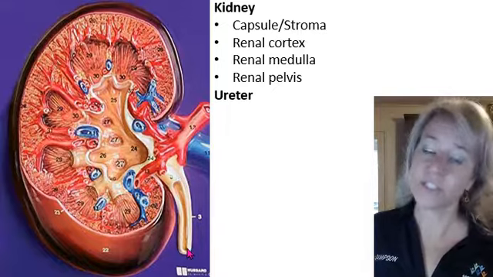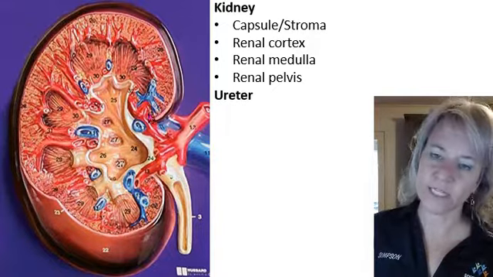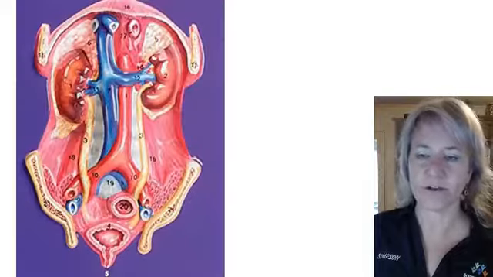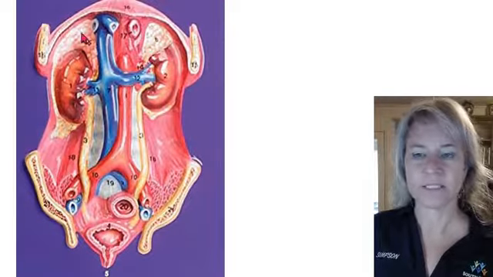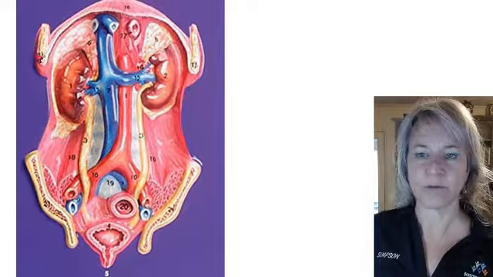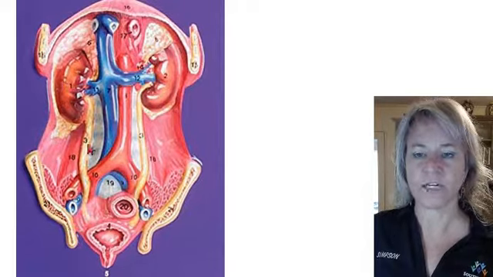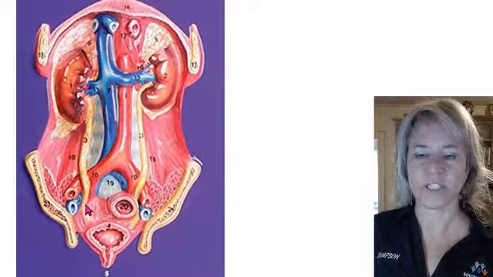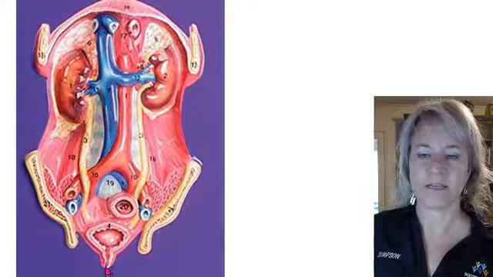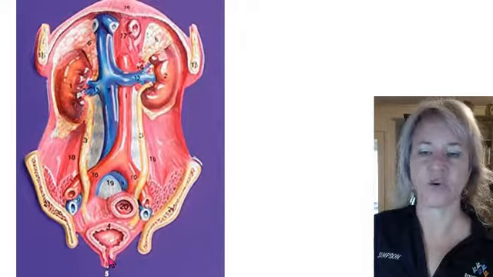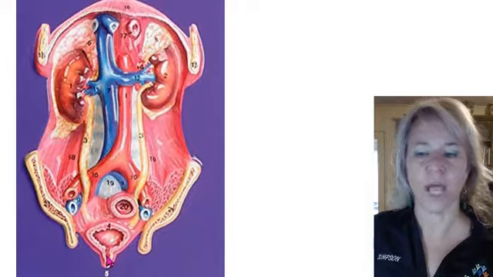The ureter is also 12 inches long, and it goes from the kidney down to the urinary bladder. Now on that same purple plastic model, we have the kidney with the ureters, 12 inches long, taking the urine to the urinary bladder, and then it will exit through the urethra.